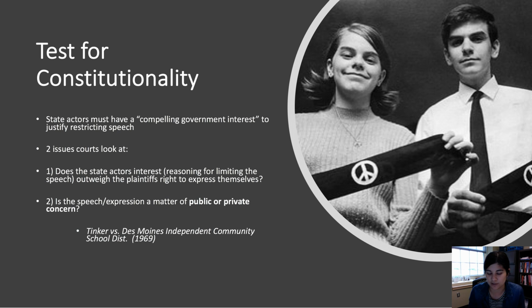So it's just their personal preference. Where a student athlete who decides they want to wear a t-shirt that makes a political statement about what's going on in the country, that would be a matter of public concern. Generally speaking, courts are more likely to protect speech that is a matter of public concern, right? As opposed to private concern.